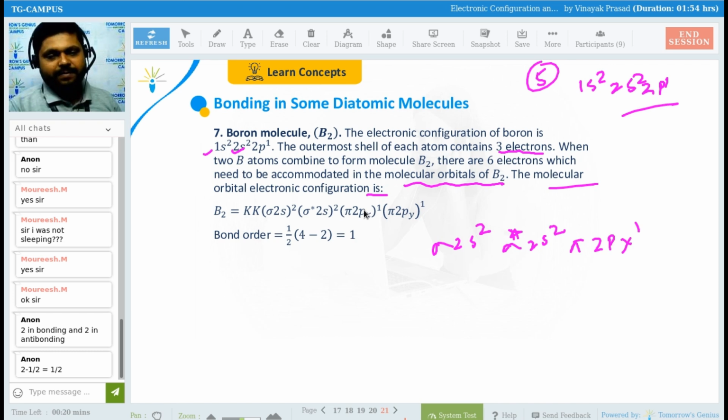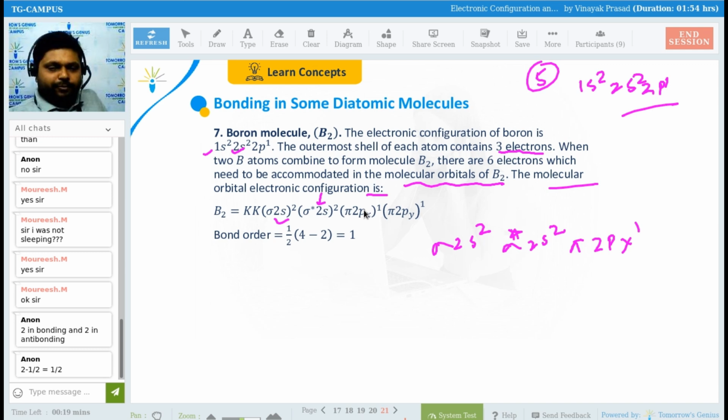So again, see here. The total number of electrons in bonding minus anti-bonding will be what? Anti-bonding 2 electrons is there, right? And the total number of electrons in bonding will be 2s2 plus the pi electrons. What will be the right answer for the boron molecule?